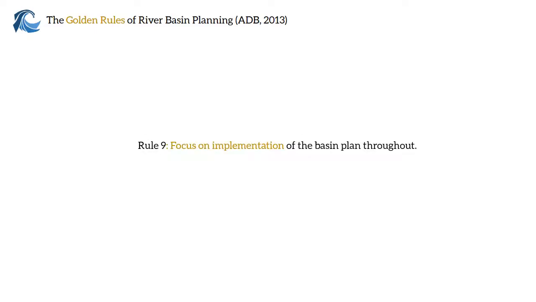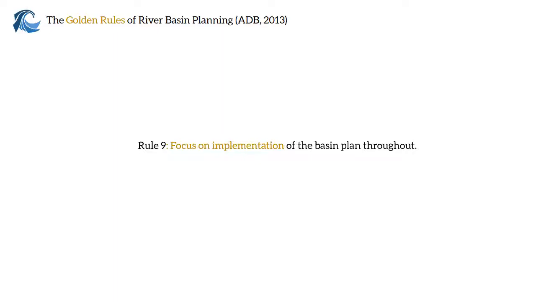Number 9, focus on implementation of the basin plan throughout. If you're not working towards implementation, if you're only working on planning, then what's the point? ADB mentions that we have to look at the implementation during the planning stage itself. Because if you don't implement your plan, then it is a useless plan. There's no point in it if you don't implement it.